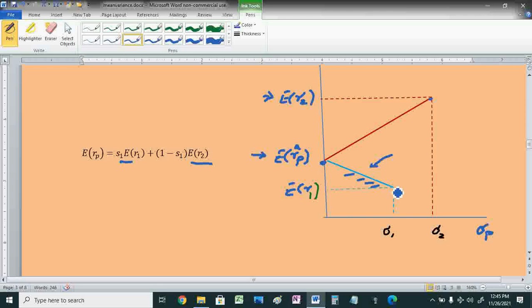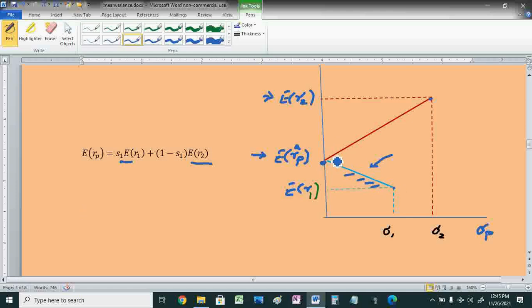So moving from this point where S1 is equal to 1 and expected return is ER1 and risk is equal to sigma 1, moving from this point towards this vertical intercept, see that it is actually reducing the risk and increasing the expected return, and this means that this point actually is superior to all these possibilities.